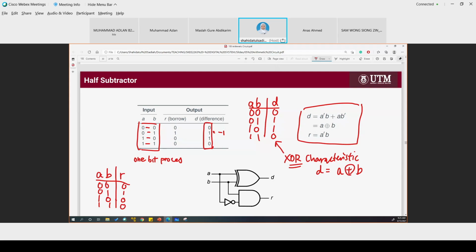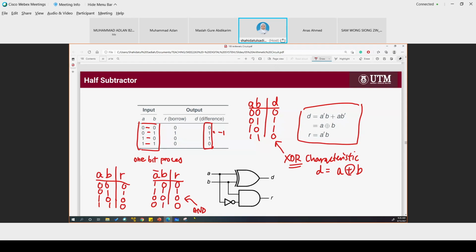It looks like if we complement A, then only this case will produce 1. That is an AND characteristic.